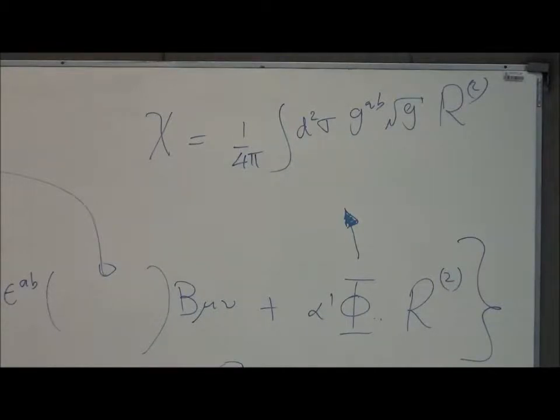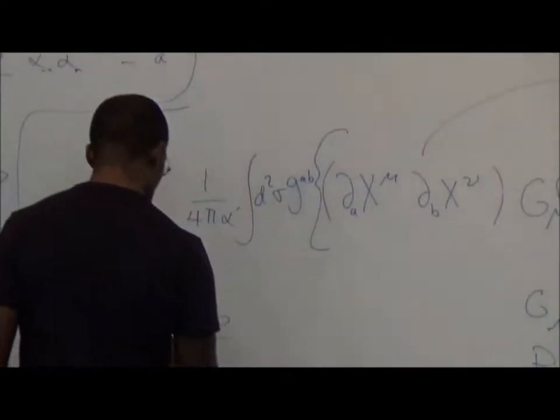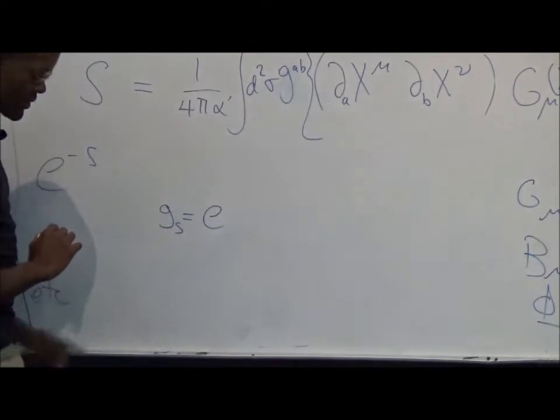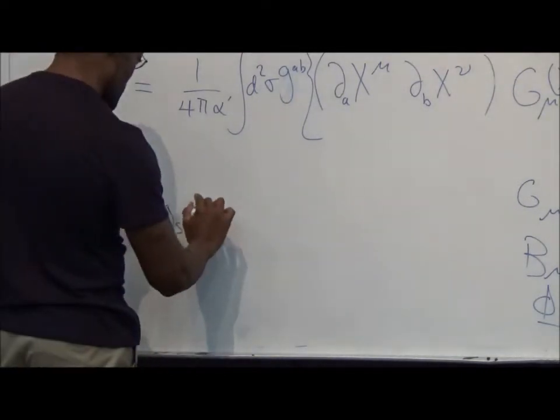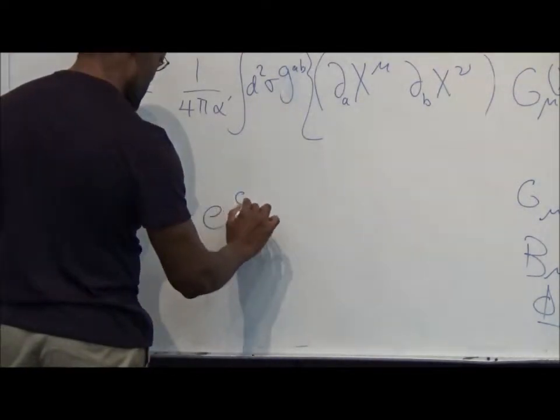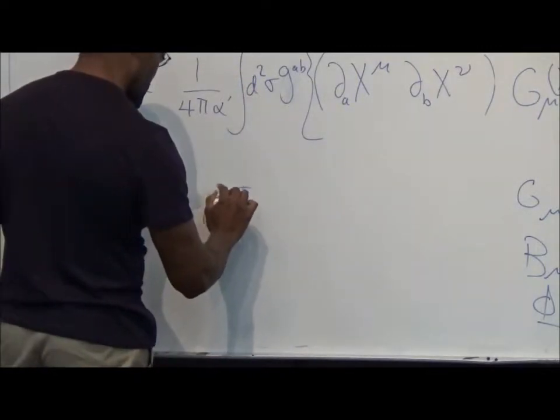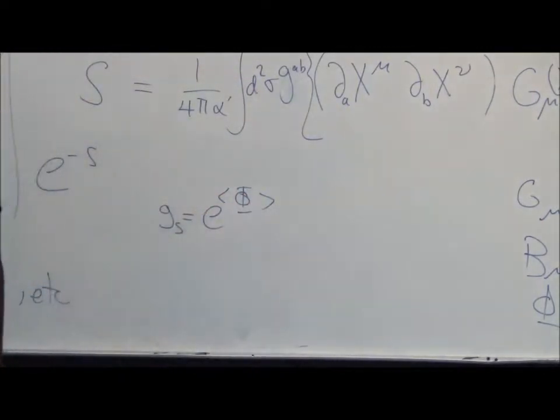Remember, this whole thing is exponentiated, e to the minus S, in computing amplitudes, etc. So the local string coupling g subscript s is essentially set by e to the phi. I'm going to check my signs in a moment, I think I have this right, the local expectation value of the dilaton. Have you seen that before? Was that something that was discussed?